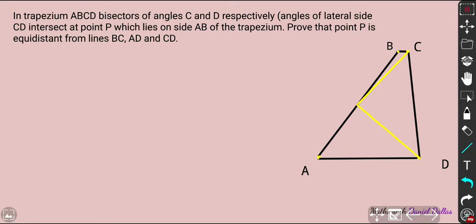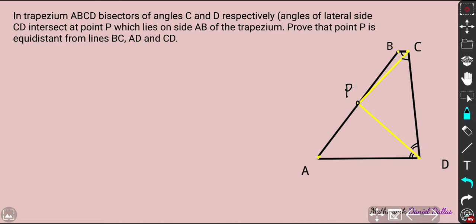Those two bisectors split those angles, so we can arrange two angles respectively the same, and right now they have intersection in the point P. So we need to prove that point P is equidistant from lines BC, AD, and CD.